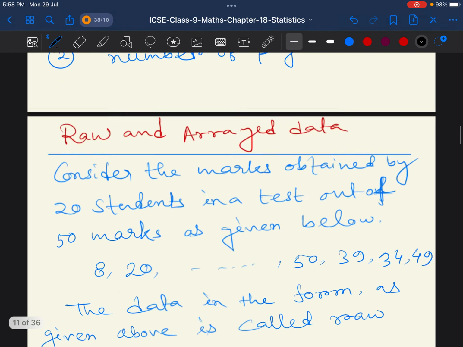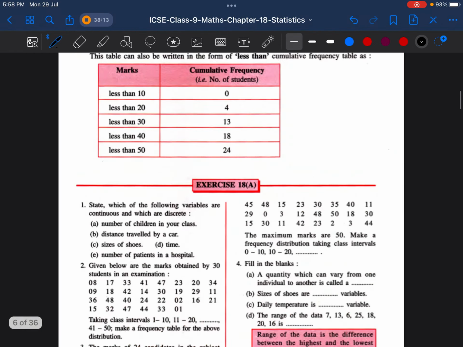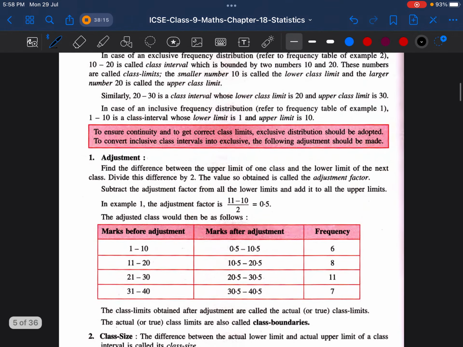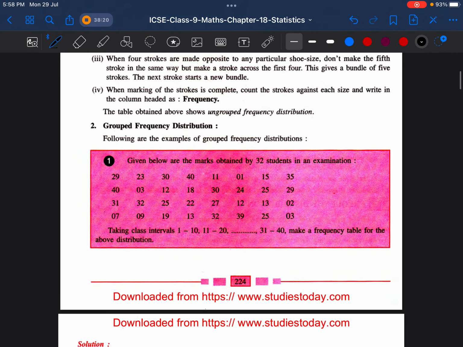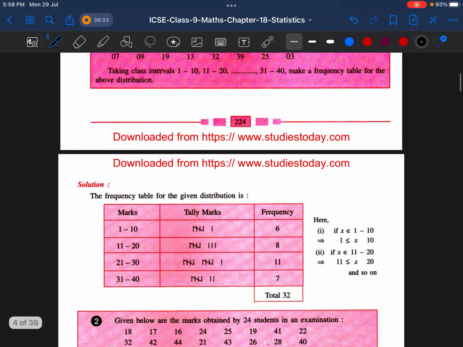See example 1. Here you see the interval 1 to 10, the previous class, and in the next class the interval 11 to 12.